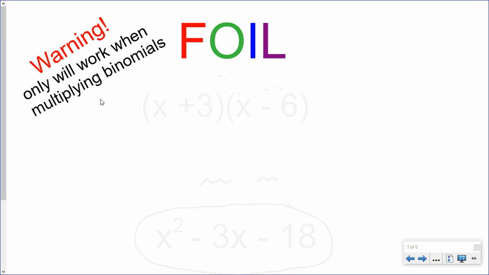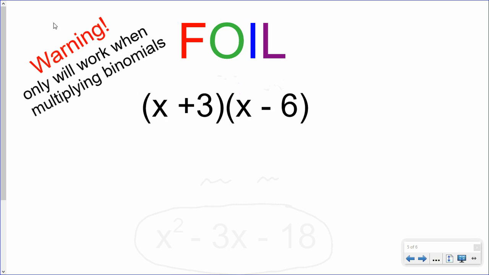It's a quick way to do binomial multiplication, but this should not be your only method that you memorize. The box method or distributive property, you can use no matter what the situation is with multiplication. But you should have a backup plan no matter what.